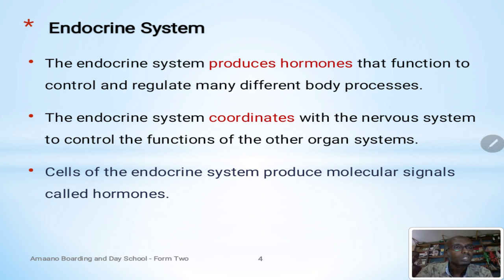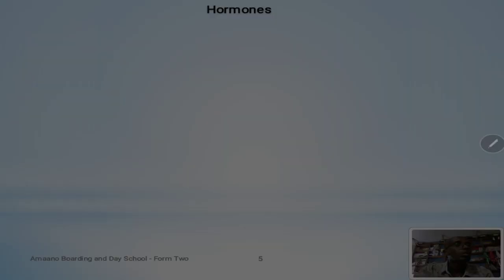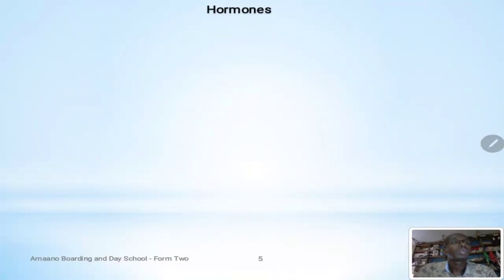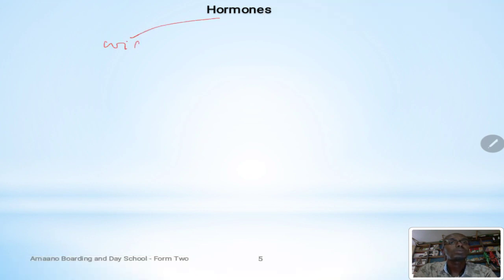Again, the cells of the endocrine system produce signals, which are called hormones. So let's look at the term hormone. Hormones are like the Wi-Fi of the human body. It is wireless.